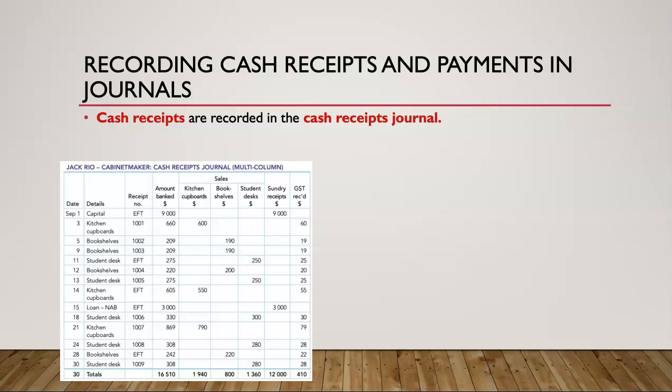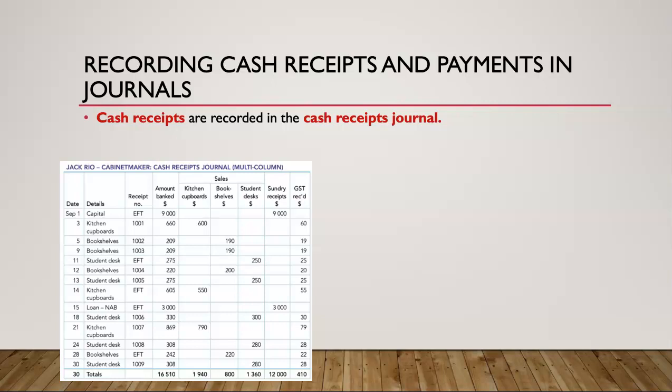We're then going to say how much money has been banked, and what that means is how much cash we've received, and then we're going to split it up and find the column that best represents how we've received that cash. If it's a common transaction, there will be a column for it. If it is a non-common transaction, there won't be a column for everything, so we put it in the sundry receipts, sundry meaning uncommon, and the detail becomes really important.